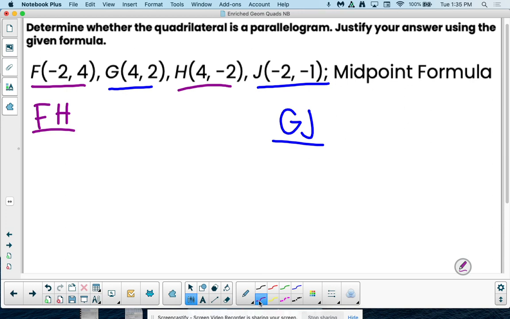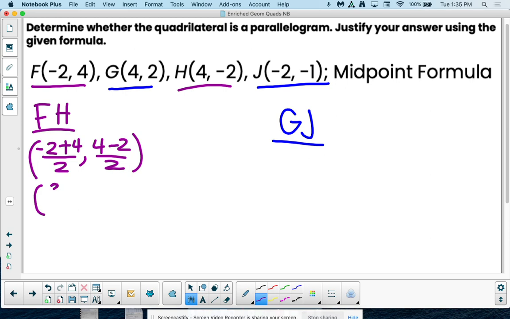Okay, remember, add your x's, divide by 2. Add your y's, divide by 2. X plus X. 2, 1. Are we doing slope? Nope, midpoint. 1, 1. Yeah, it's 1, 1.